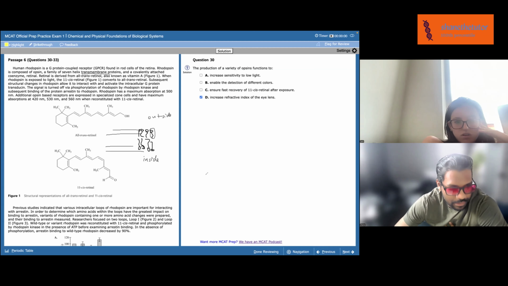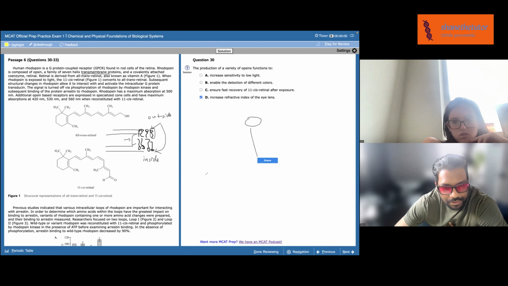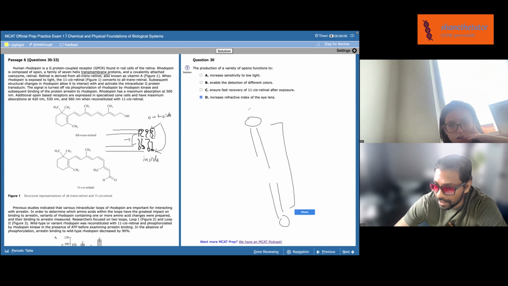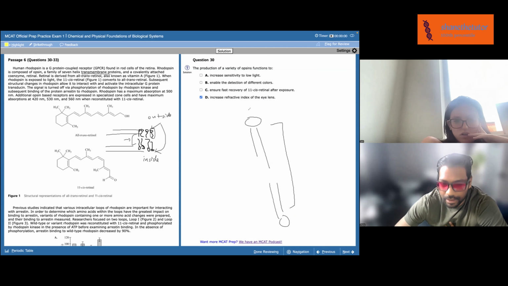Yep. So the polar region here, would it be these or these? The polar region would be these, the heads. Non-polar region would be on the inside.